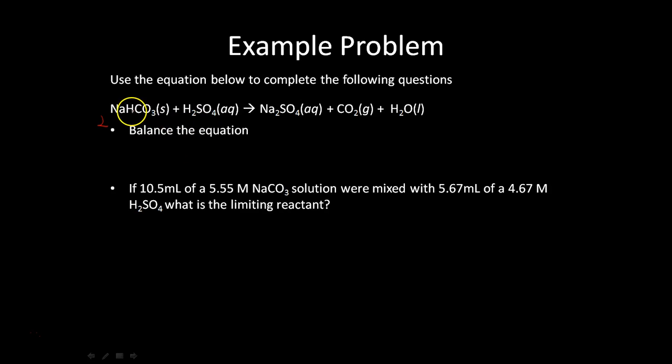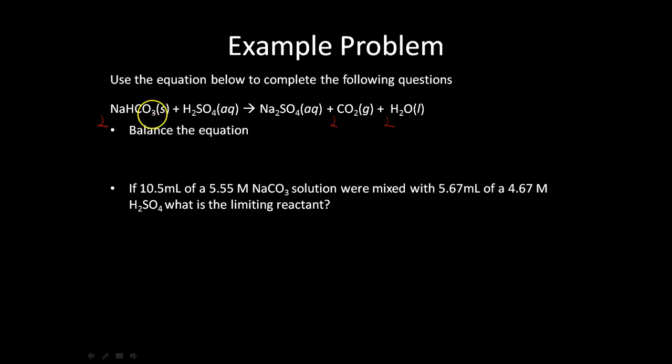There's two hydrogen here, two hydrogen here, so there are four hydrogen on this side. It looks like I'm going to need a 2 there, so let's put that there. Now, I also have two carbons. On this side, I have one carbon, so it looks like I might need a 2 here as well. On this side, I have oxygen, 3 oxygen plus 4 oxygen.